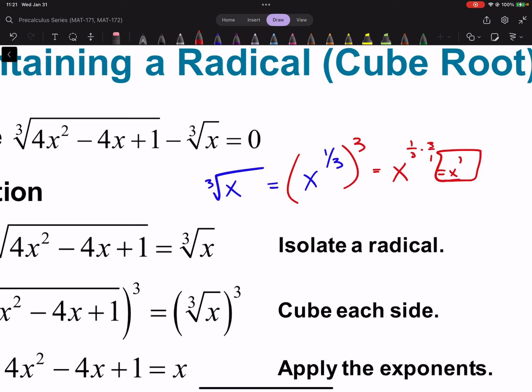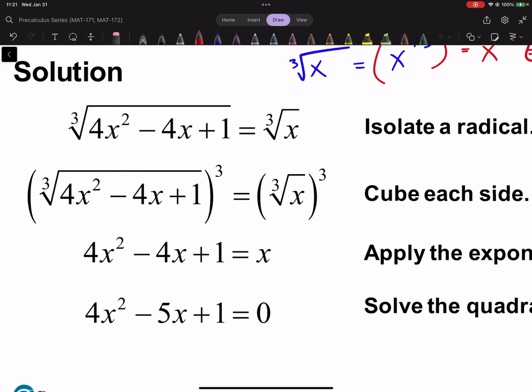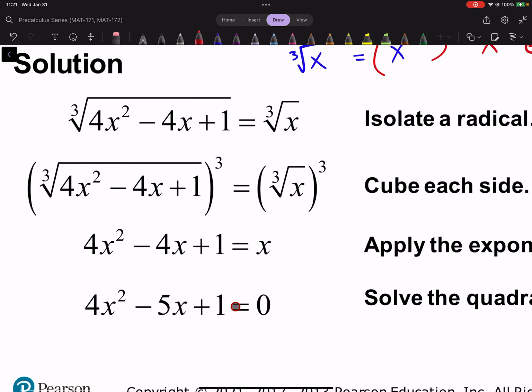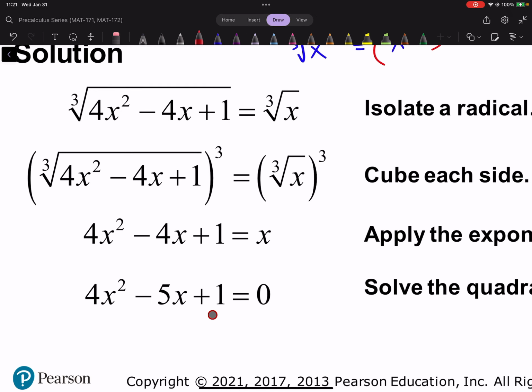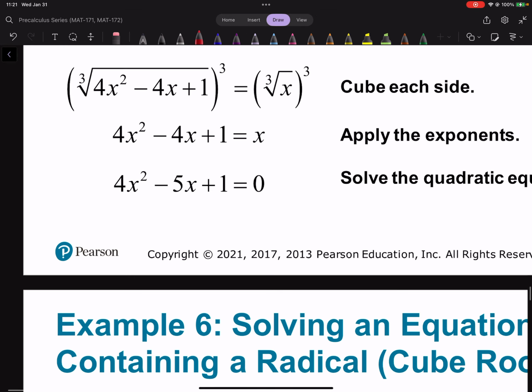That's how you're getting rid of that radical. So they cube both sides. They end up with 4x squared, which is just everything with the radicals eliminated. So 4x squared, negative 4x plus 1 equals x. You subtract x from both sides. And now this looks like something we can solve quadratically.